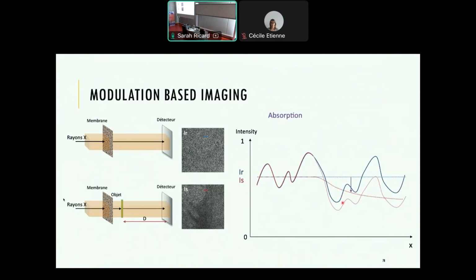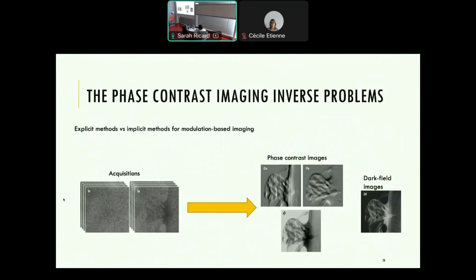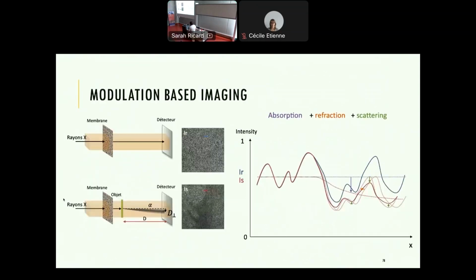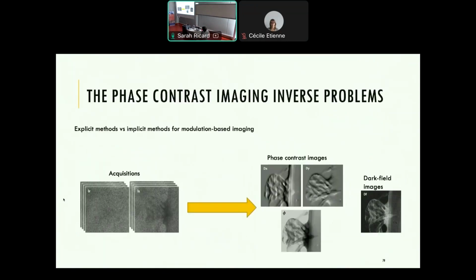If you have refraction, the peaks are not at the same position. And if it's scattered, you have a blurred structure, and the contrast is small. So we have a simple experimental way to do phase contrast without fancy optics.